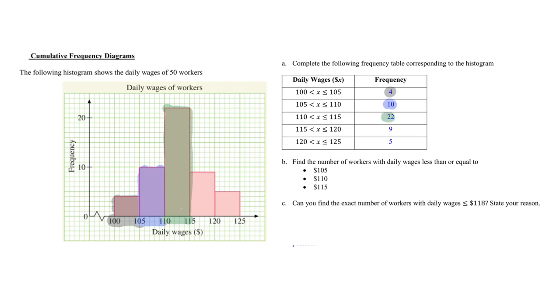I can also write it out neatly. This will be 4, 10. From the histogram, there are 22 of them.